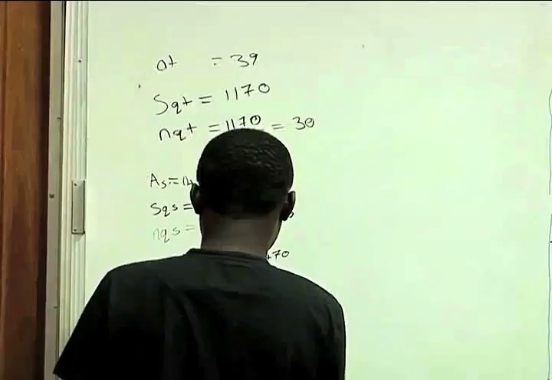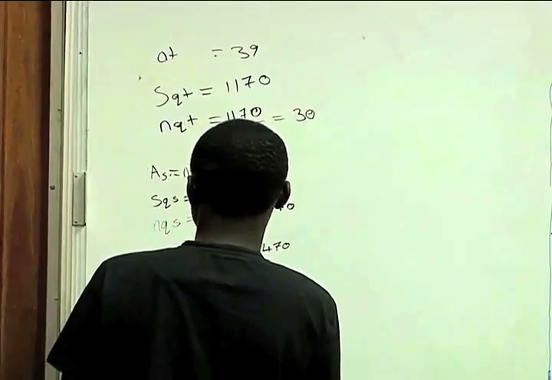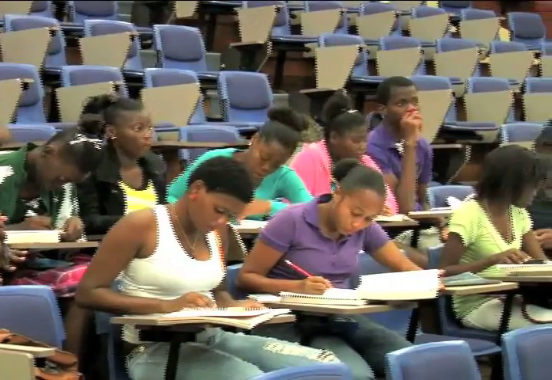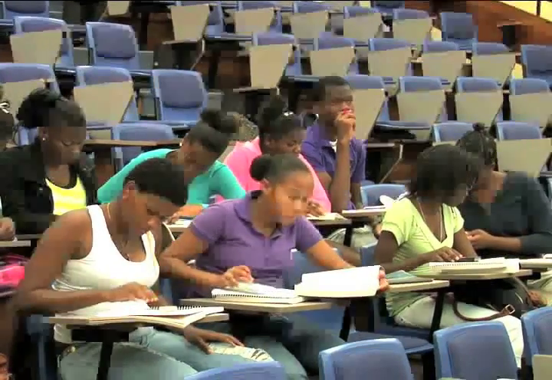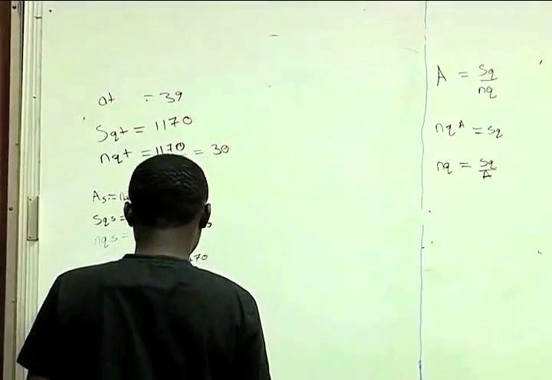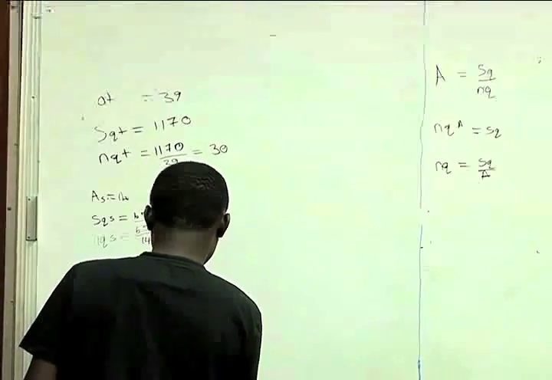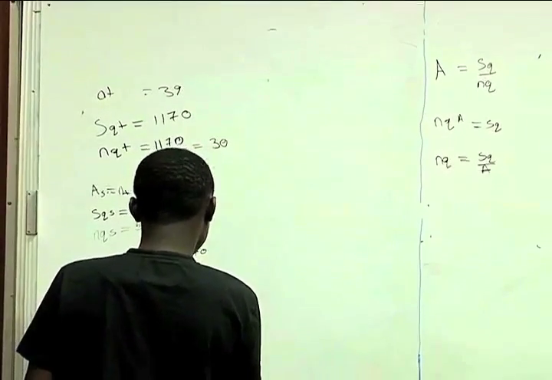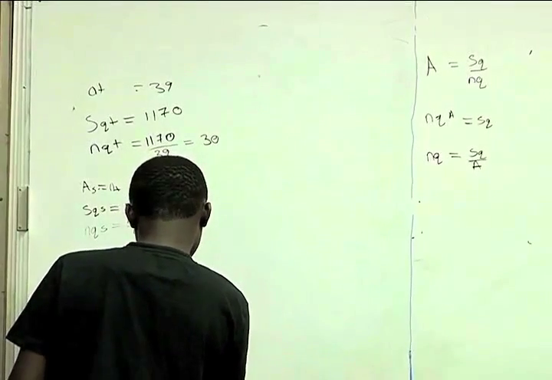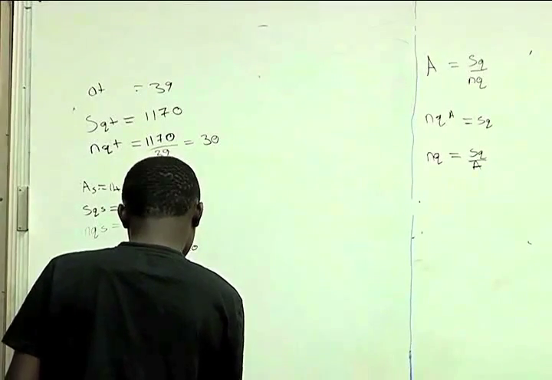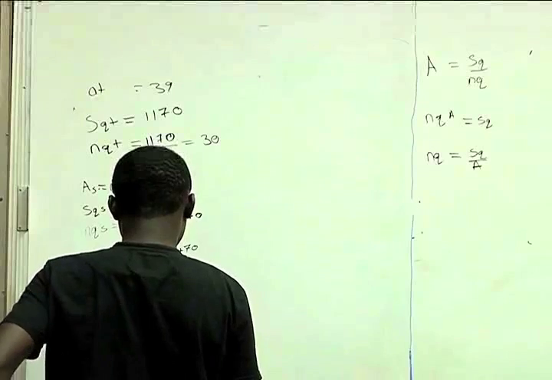What's SQP? 7750, write it down there. Over NQP, what's NQP? That's 500. And then the answer will be 15.5.